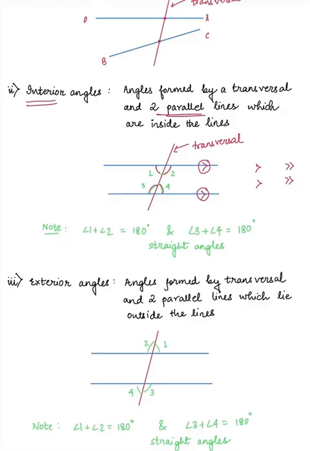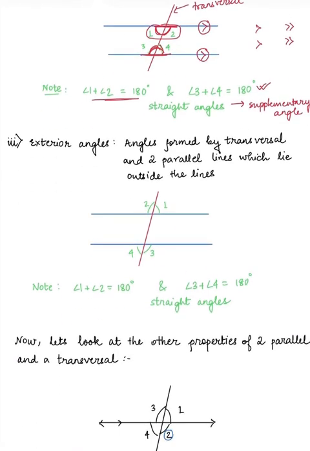First, angle 1 plus angle 2 will be 180 degrees because they are on a straight line, right? So 1 plus 2 will be 180 degrees. Similarly, 3 plus 4 will also be 180 degrees because they are straight. What can we say about these? They are supplementary angles.